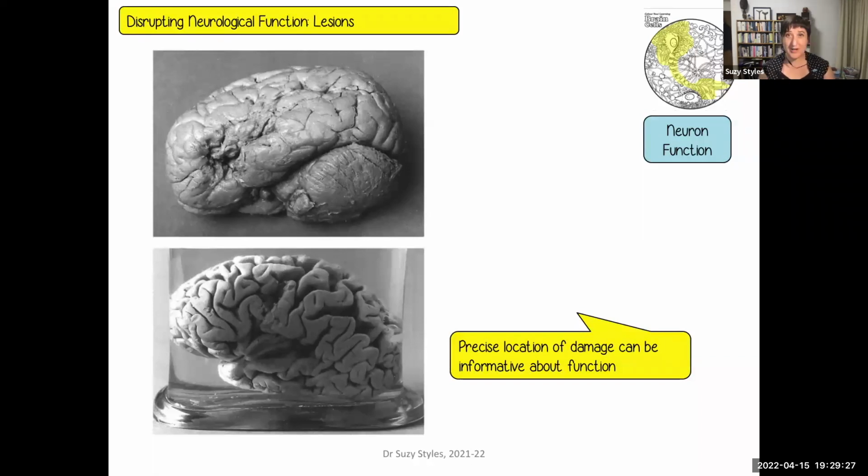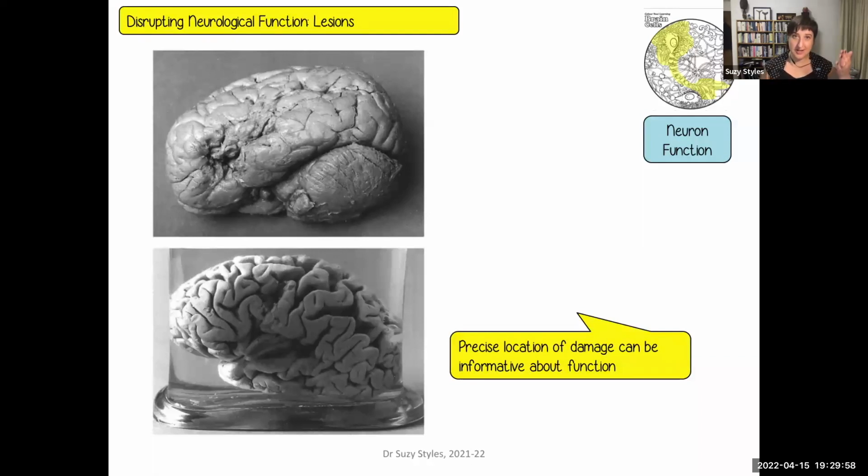This could be caused by a traumatic head injury of some kind, or more commonly, something like a stroke. What's interesting about brain lesions is that they can tell us something about which parts of the brain might be functionally involved in a particular cognitive function.